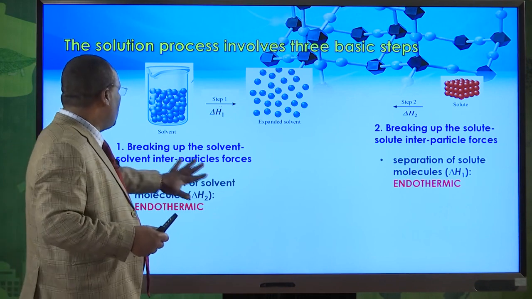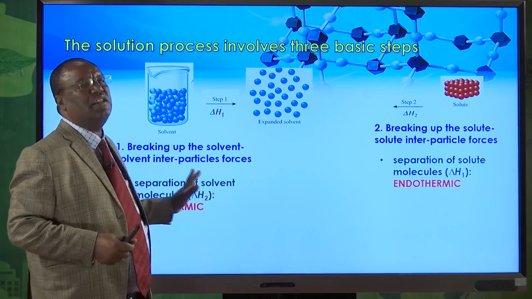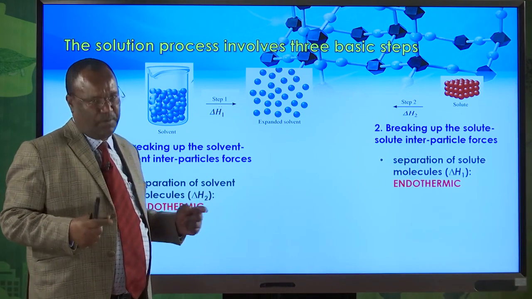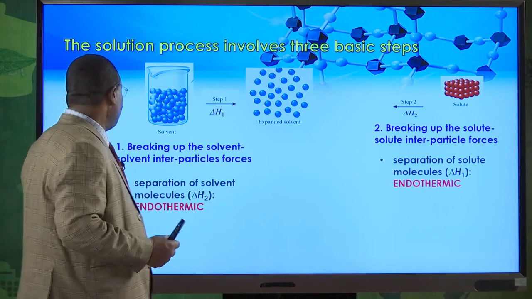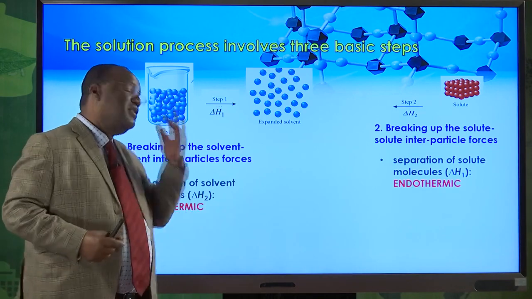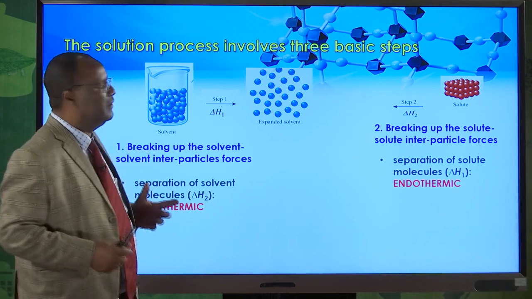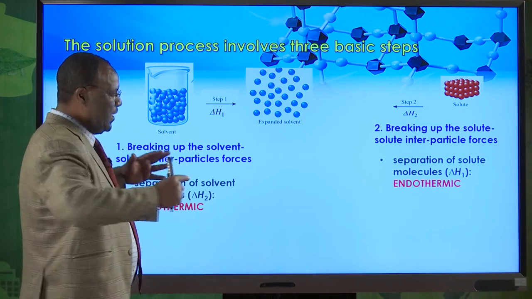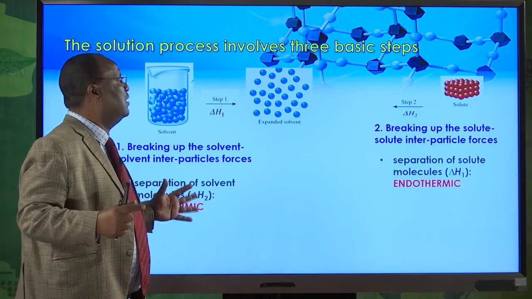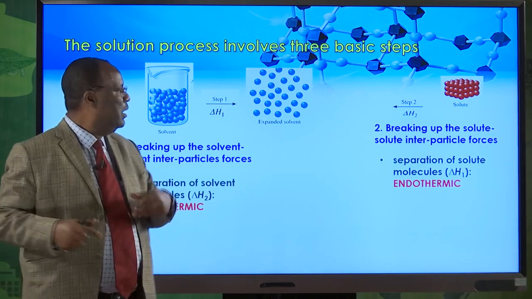So, in the separation of solvent molecules, energy is absorbed, heat is absorbed. In that case, the process is endothermic. It needs some amount of energy to expand and give space for the solid particles.